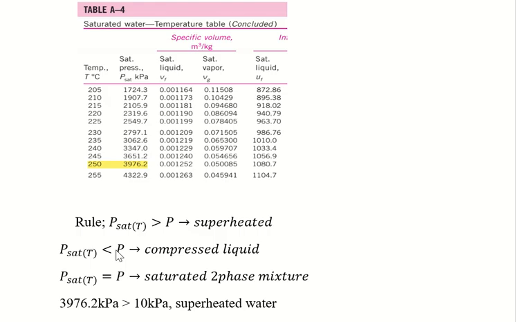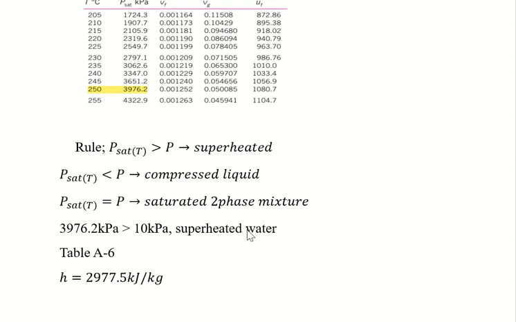If this pressure right here was smaller than the pressure we're given, that would make it a compressed liquid. But the temperature itself already tells us something. This is too much pressure to be for a compressed liquid. And if the pressure equals, just like we've been talking about, that's a two-phase mixture.